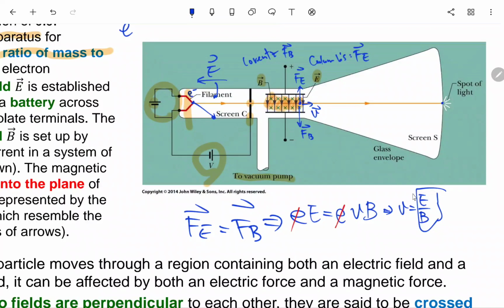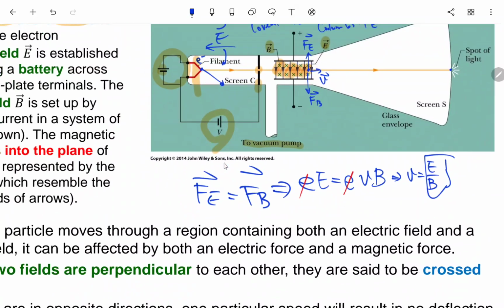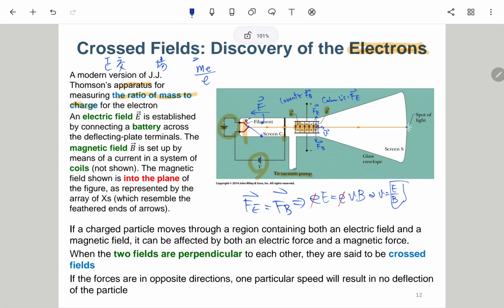But the velocity here is related to this battery. So you can also use conservation of energy. This energy will be e times V, and e times V will be 1/2 mv squared.